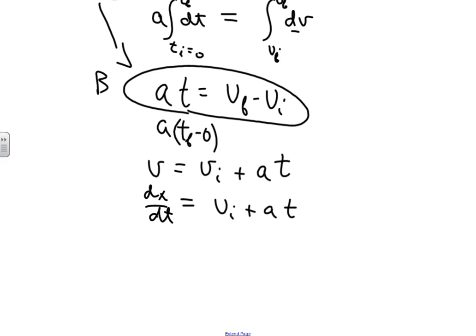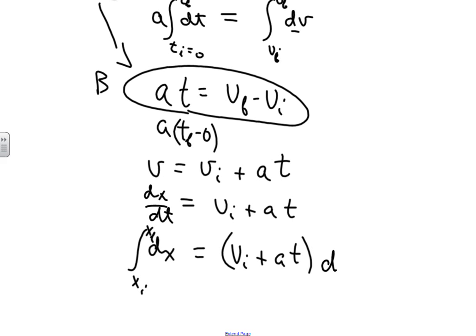And if I do it again where I integrate both parts, you got dx integrated from x initial here, x final here, equals v initial plus a t dt. Integrate that from t initial, which is usually 0, to t final over here.